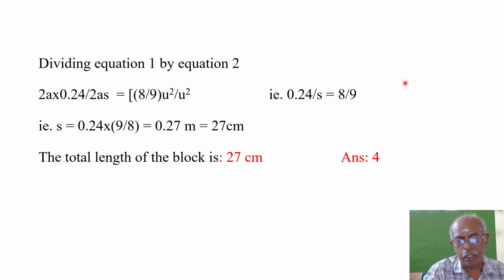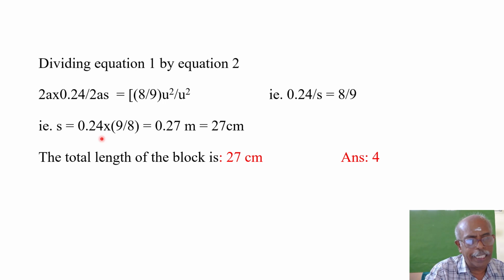You put s to the other side and 8 by 9 to the other side. So s is in the denominator here, it will go to the numerator. So s is equal to 0.24 into, when 8 by 9 goes to the other side, it becomes 9 by 8.